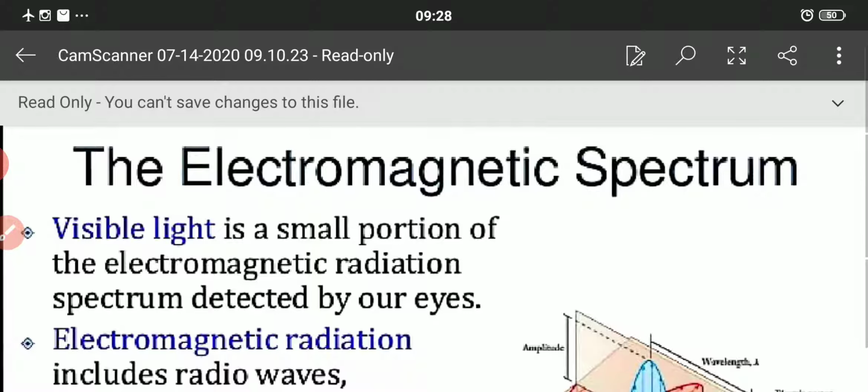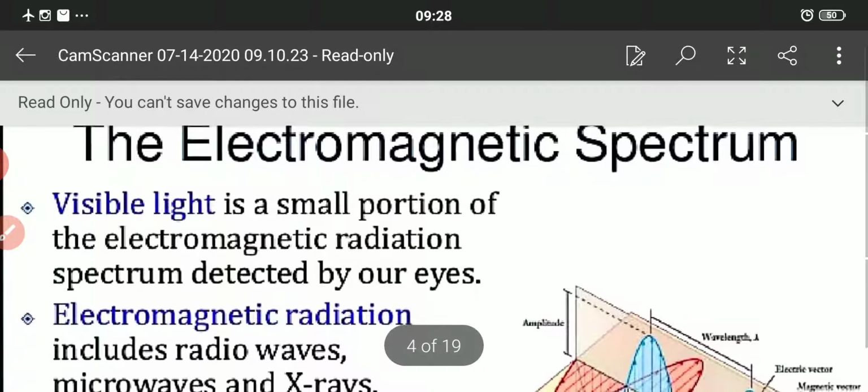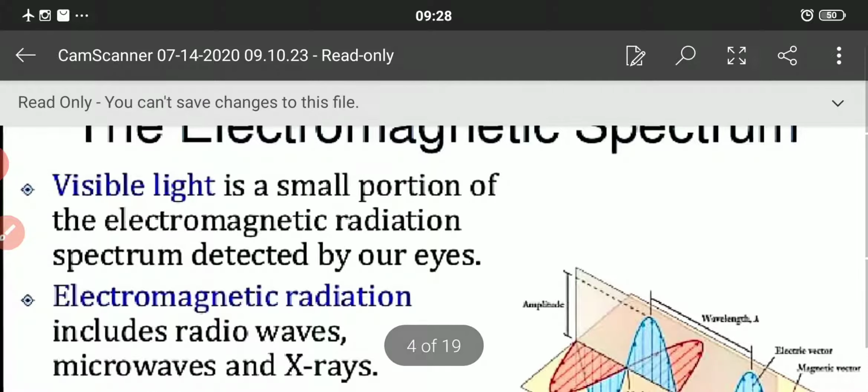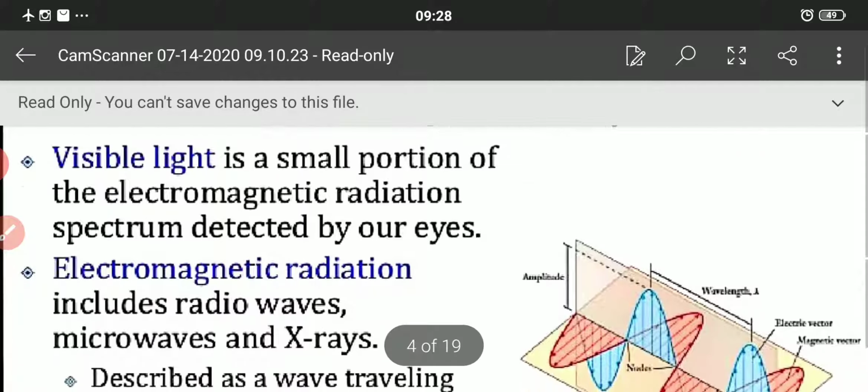The electromagnetic spectrum is a large spectrum which explains the different wavelength radiation according to their color and their behavior. Visible light is a small portion of the electromagnetic spectrum detected by our eyes.